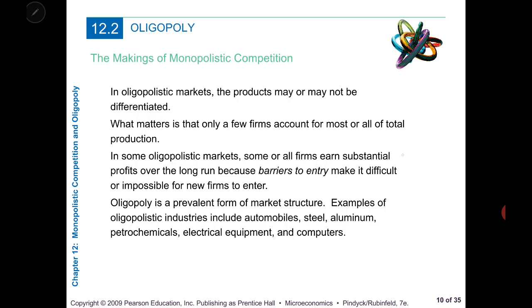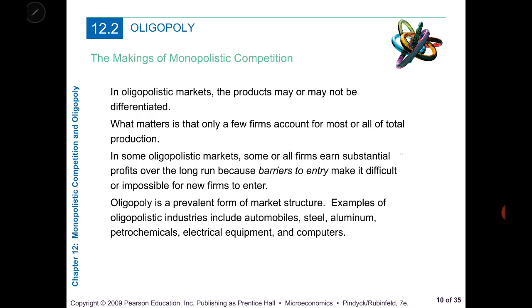So all these 4 or 5 factors create the barriers to entry, such that only very few firms are in an oligopoly market. Maybe only 3 to 5 firms in each market for the product.